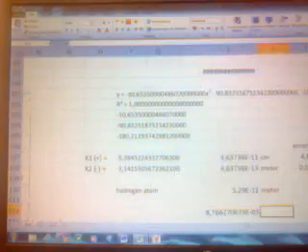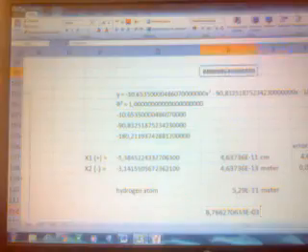So if you see here, these are the numbers. Let me zoom in. I didn't practice this in front of it, so it was a surprise for me as well as for you.